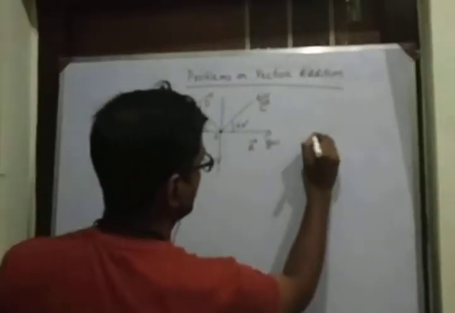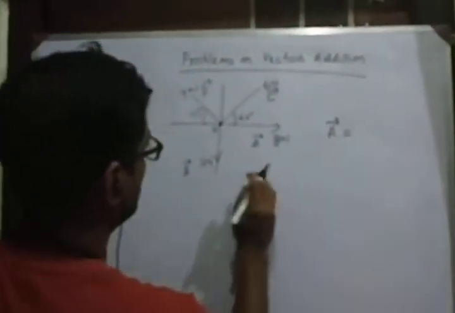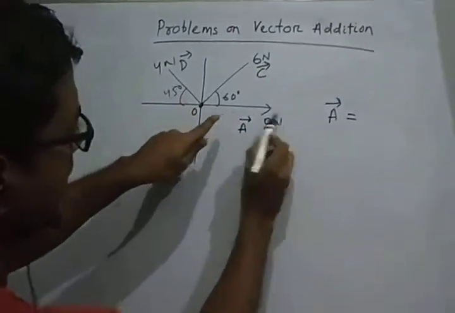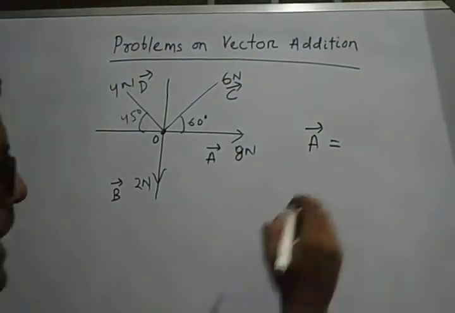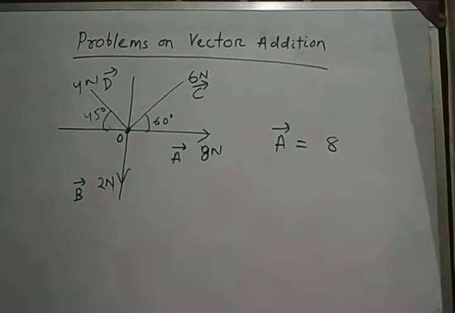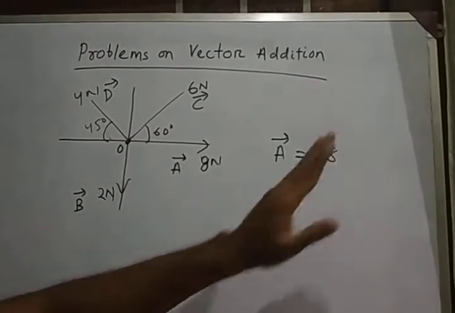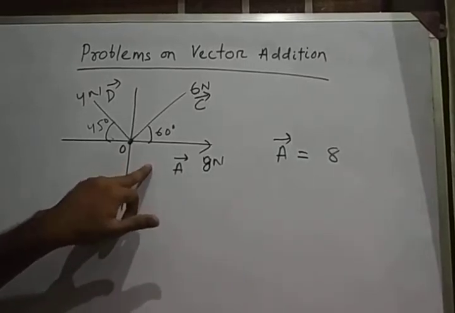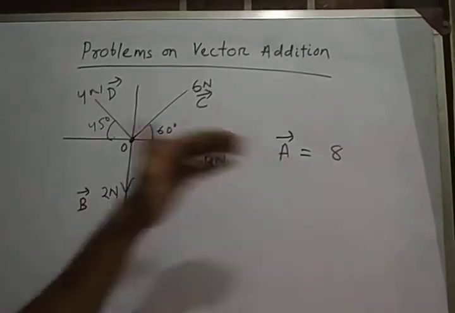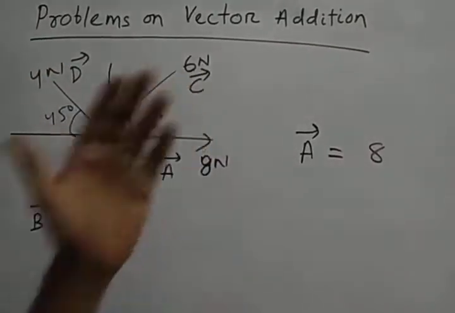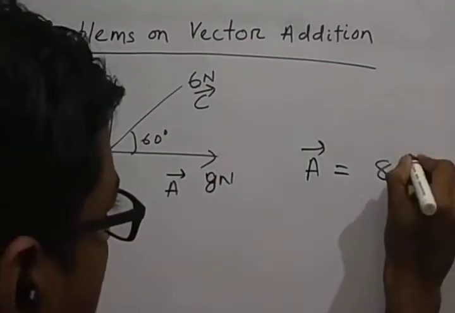Okay, now I am writing vector a. Vector a equals 8 Newton. Whenever I write a vector, I have to assign a magnitude, and I have assigned the magnitude, but it is not complete. I have to assign a direction on the right side. From the figure it is clear that vector a is directed along the positive x-axis, so for the positive x-axis I take i cap.